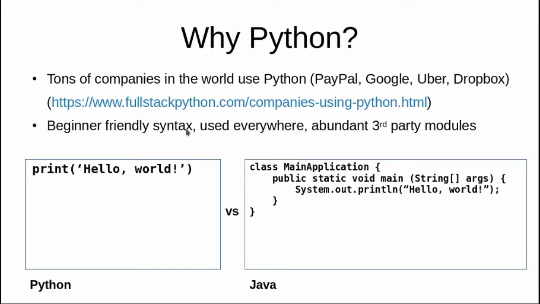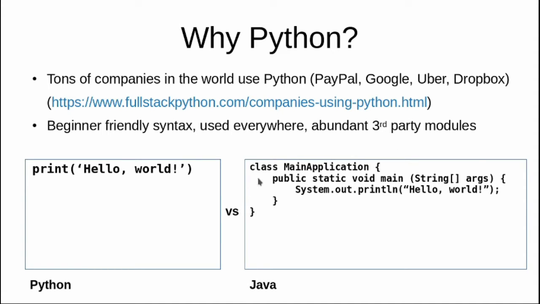To compare Python with Java, let's see this example. To show a text containing hello world on the screen, you just have to type this. Meanwhile, in Java, you have to know the concept of object-oriented programming first before you can start using Java.